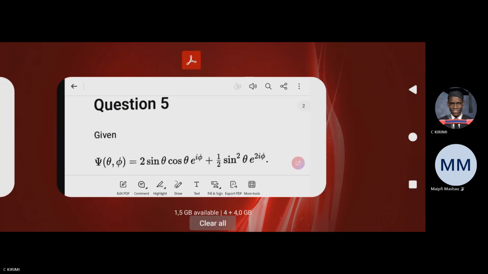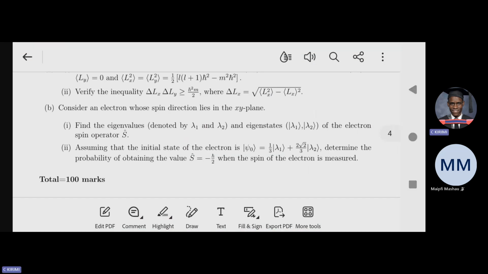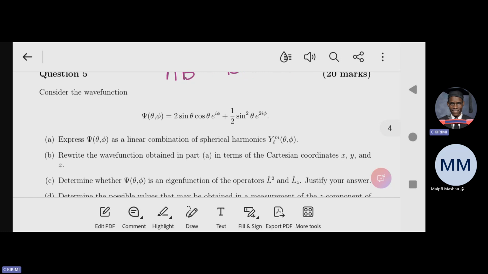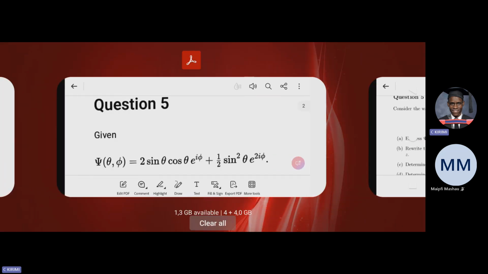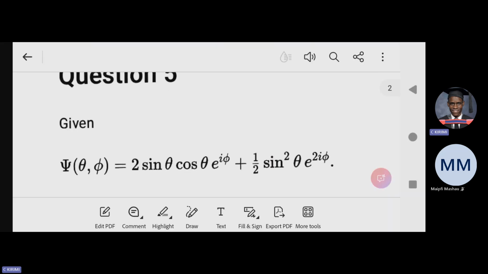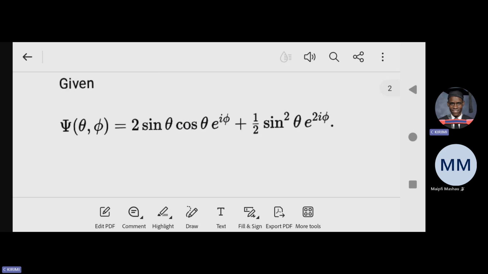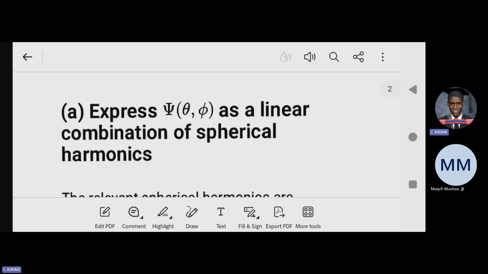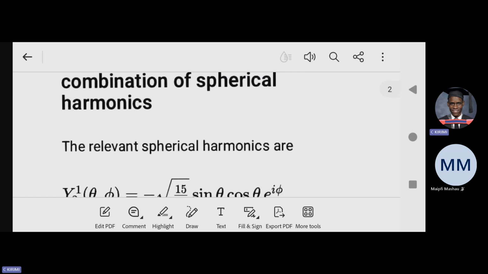And the question clearly indicates that we are supposed to express this wave function as a linear combination of spherical harmonics. So let's start with that. So you express psi, the wave function, as a linear combination of spherical harmonics.